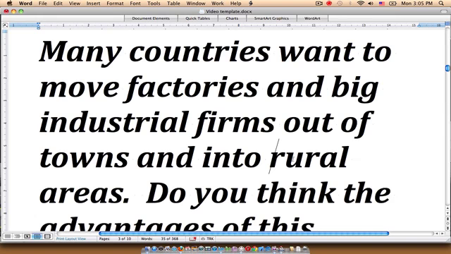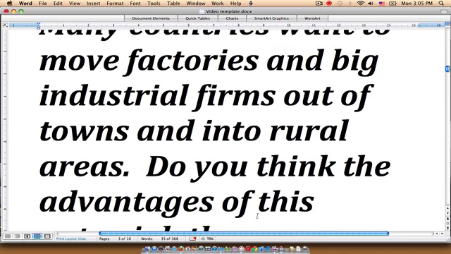Okay, so the background sentence is fairly straightforward. It's just saying that countries are more interested in moving their sources of industry into less residentially dense areas. Now, in the essay that we're looking at today, the argument is made that there are more advantages to this than disadvantages.